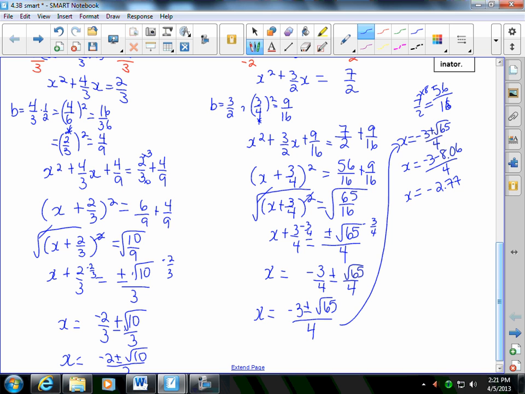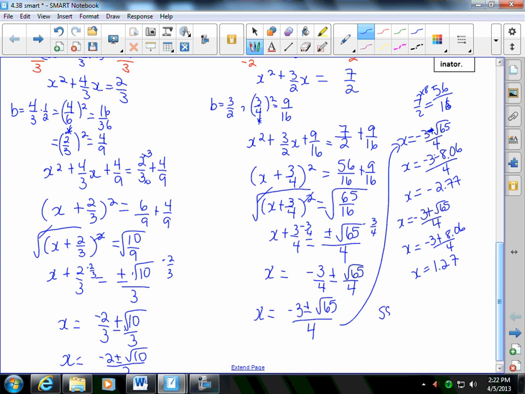Your other solution would be x is equal to negative 3, oh, this should be a minus in that first one, so plus square root of 65 all over 4. So this is negative 3 plus 8.06 divided by 4, so 1.27.